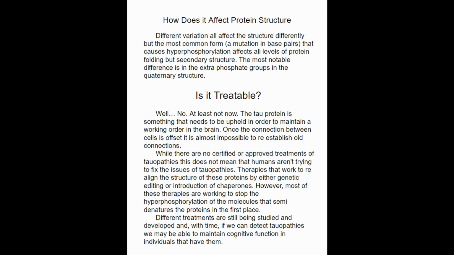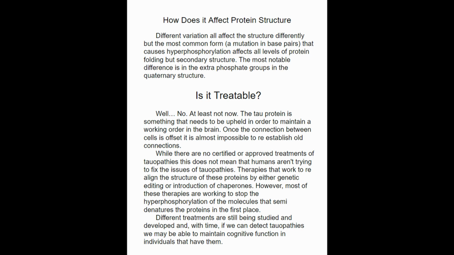And the last part is whether or not this is actually treatable. And the answer for that is we really don't know. Of course, scientists have been working on ways to prevent hyperphosphorylation in the brain cells, but there's no real way to guarantee that we will be able to treat the disease anytime soon.